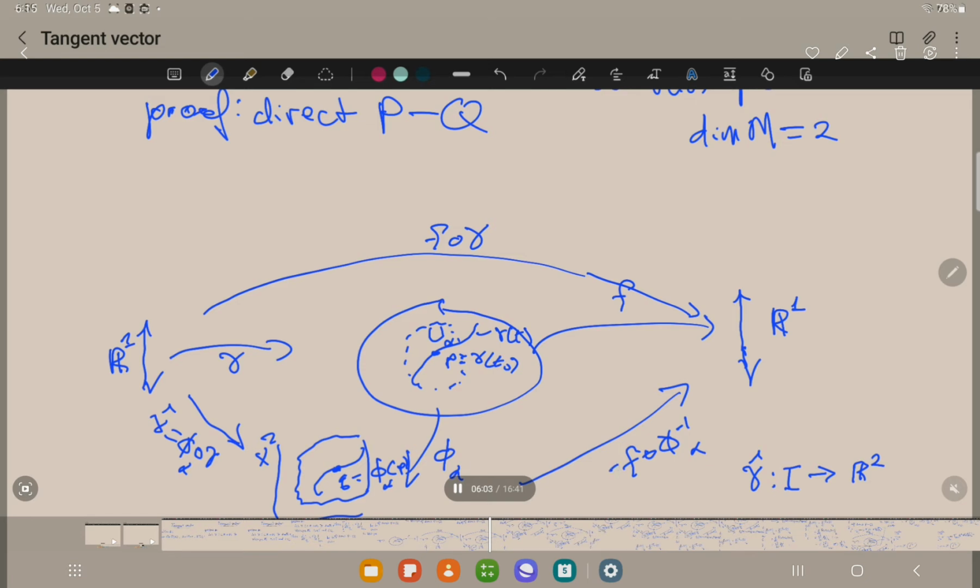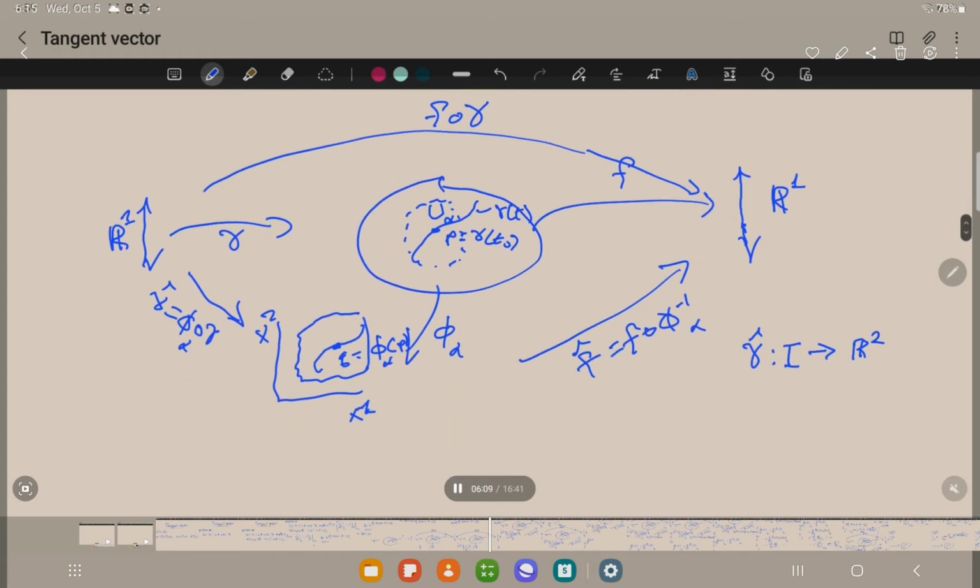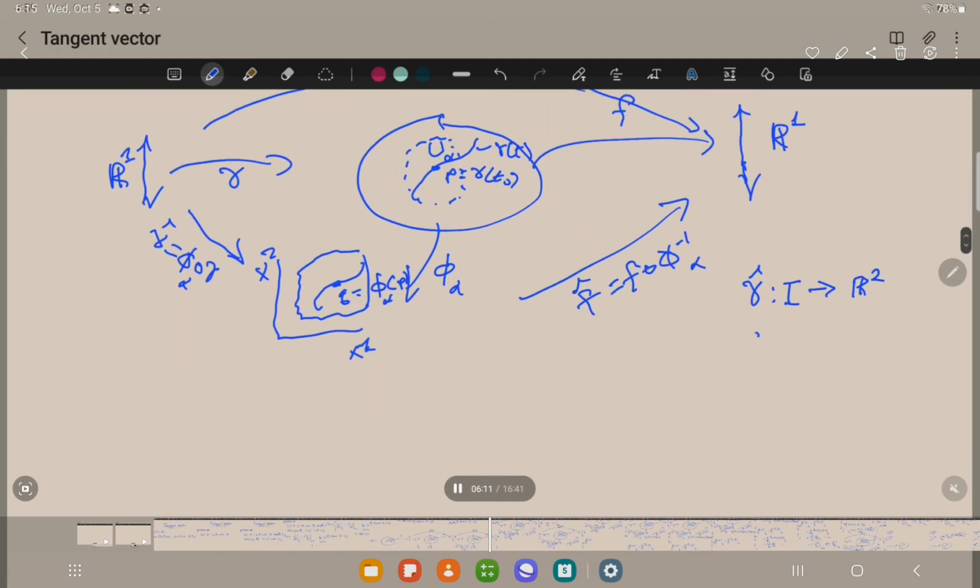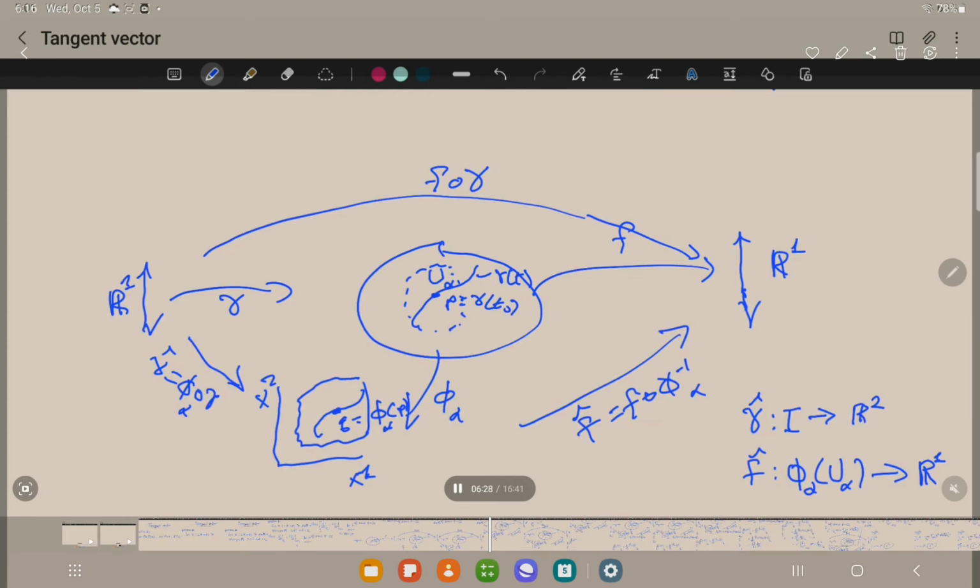So this is the coordinate representation for the function. It just tells you to do the composition of the inverse mapping and function f. So f hat is a mapping from R2, which is the subset phi alpha of U alpha, a subset of R2, mapped to R1.